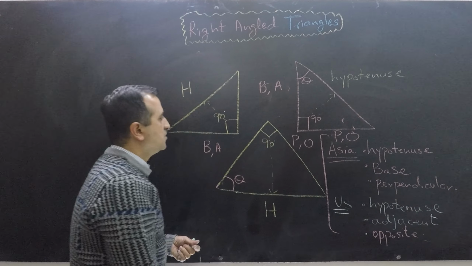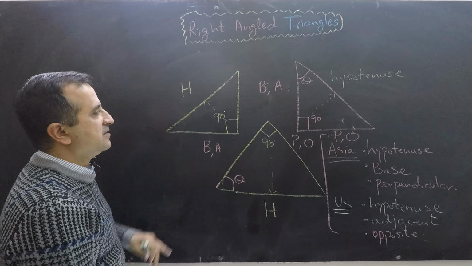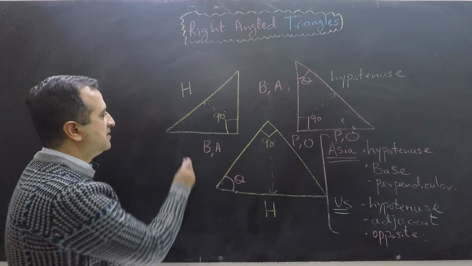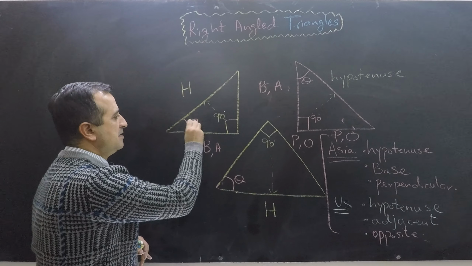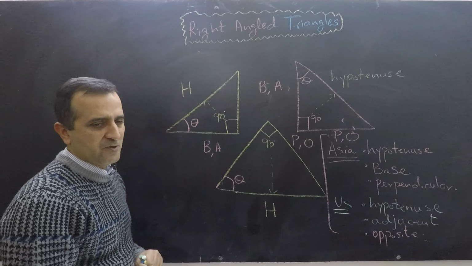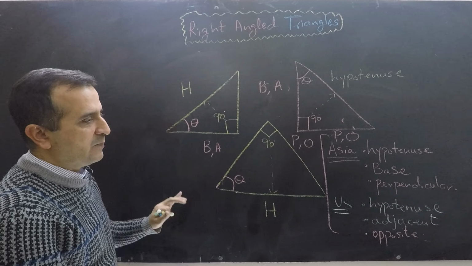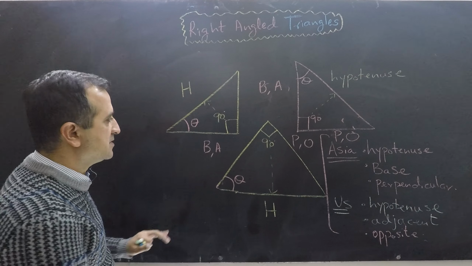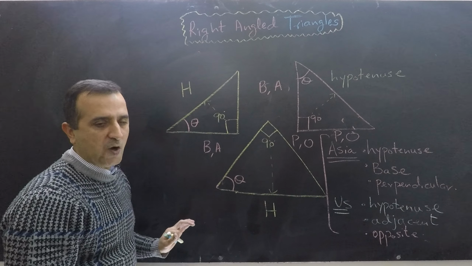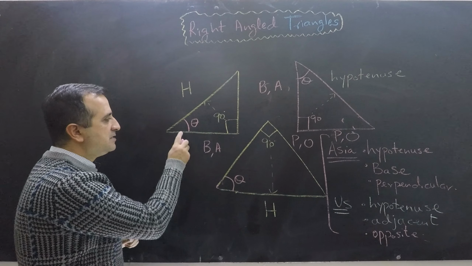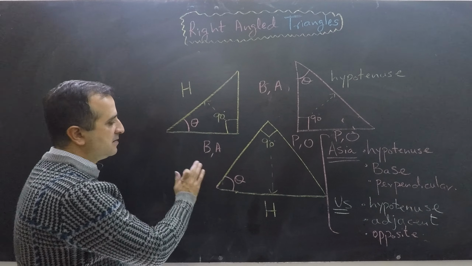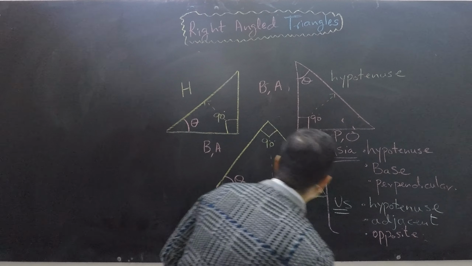Make sense? So now what if in this case my theta is this one? This is our last example. I think after these examples you will be able to understand what opposite, base, perpendicular and hypotenuse are. Hypotenuse is always opposite to 90 degrees. Now in this case, what is my base, my adjacent?